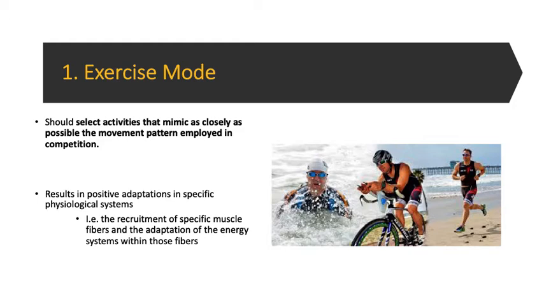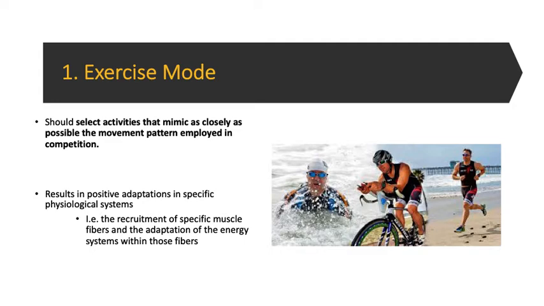For an athlete, it is very important to select activities that mimic, as closely as possible, the movement patterns employed in the competition. So, for example, you don't do speed skate or inline skating to train for a professional cyclist. That doesn't work. The movement patterns obviously do not transfer over from inline skating to cycling, so the results will not be the same.